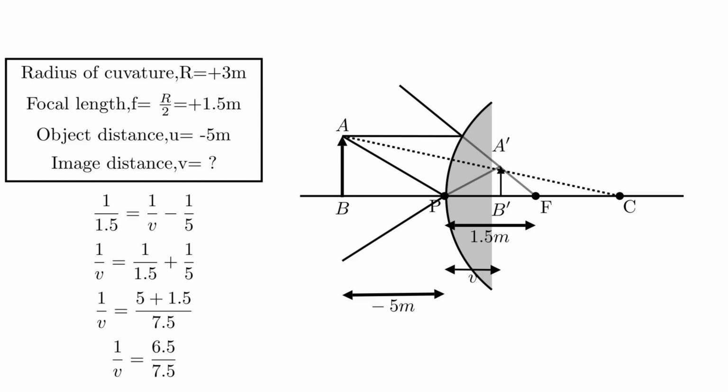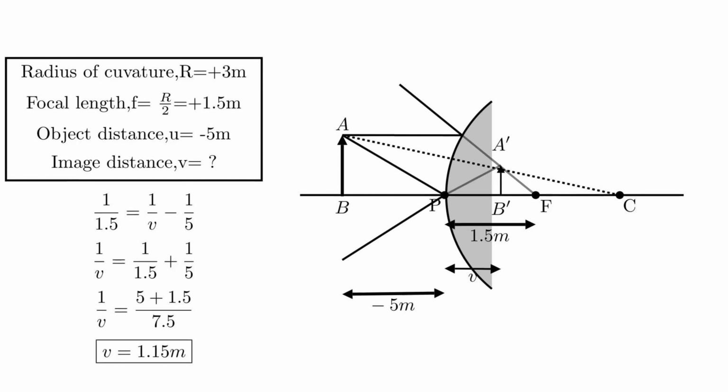Now taking reciprocal on both sides, we get v equals 7.5 over 6.5, which gives us v as 1.15 meter. We can verify that the position of image is correct as the value of v is positive since image lies to the right of pole in the ray diagram.